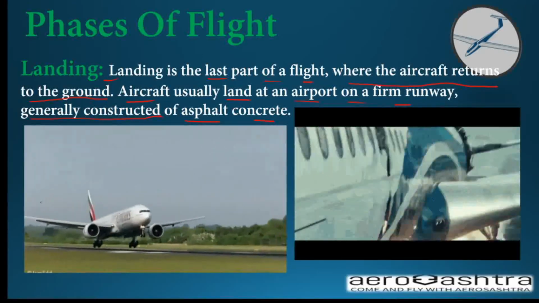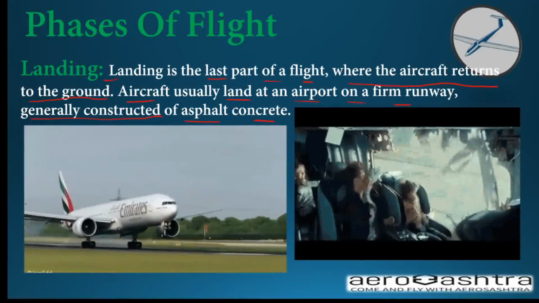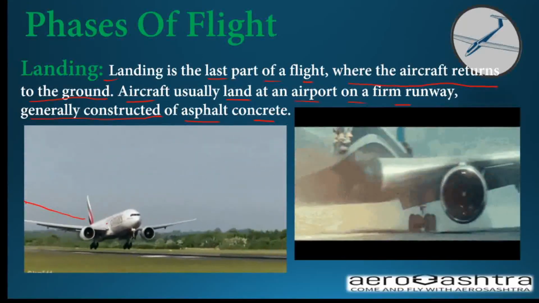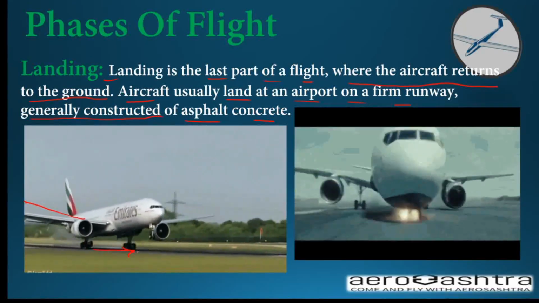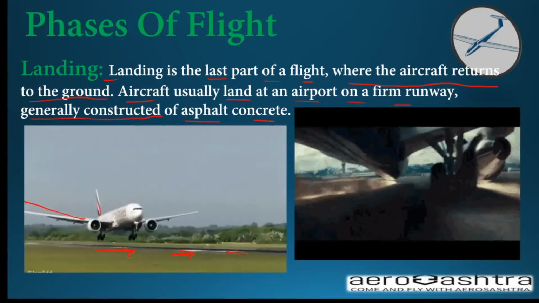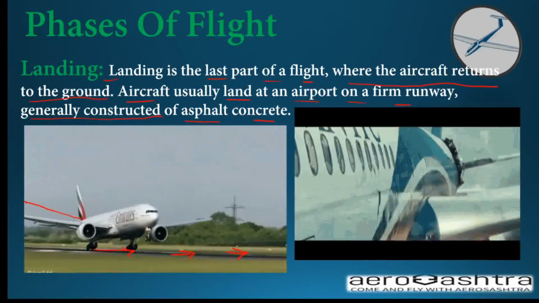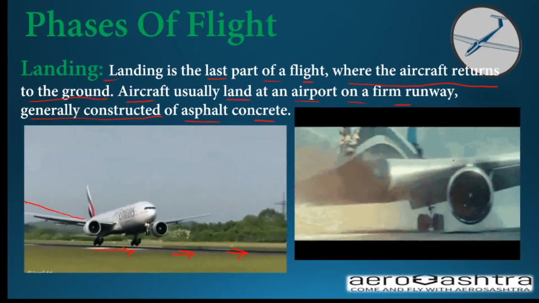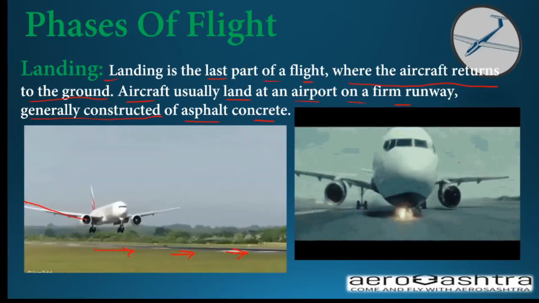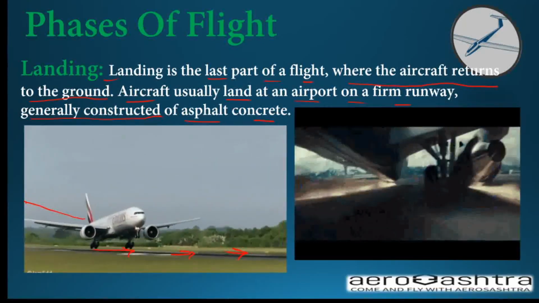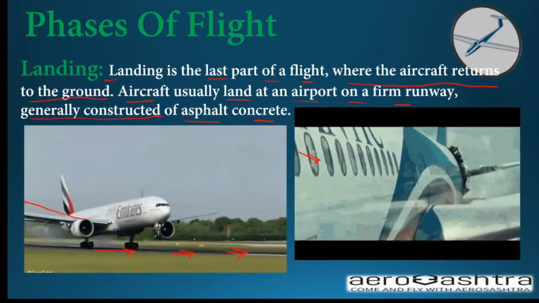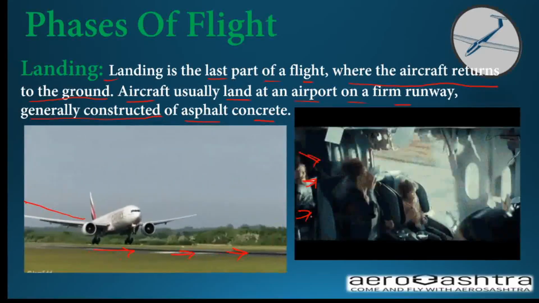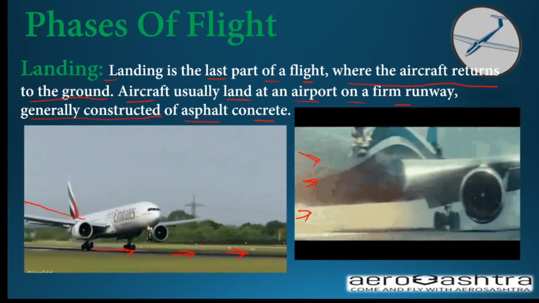Here you can see one aircraft trying to land, and it has successfully landed on the runway. On the right side, because the velocity is very high, if anything mishappens, one can have this kind of landing experience.